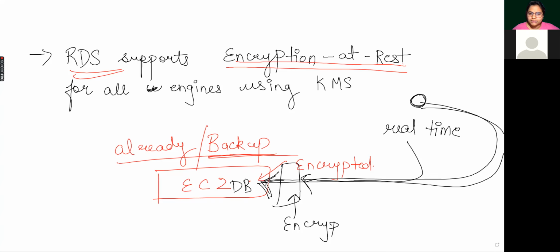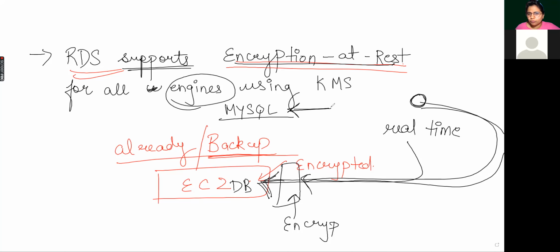See, they have encryption types. They support encryption at rest, meaning when you are using any of the engines, say MySQL, at that time if you want encryption, you have to provide the password or anything. When the data is coming in real time, they will ask for the password.